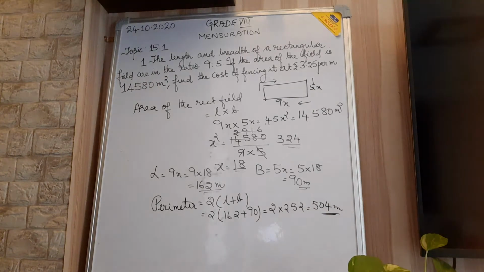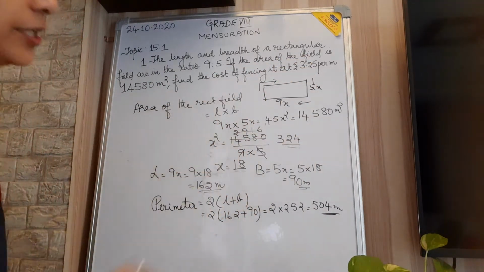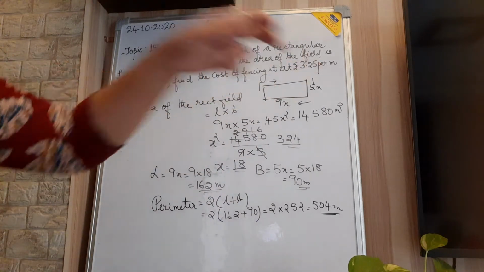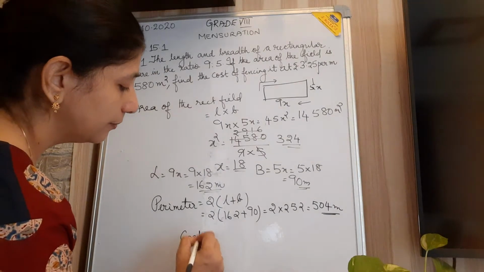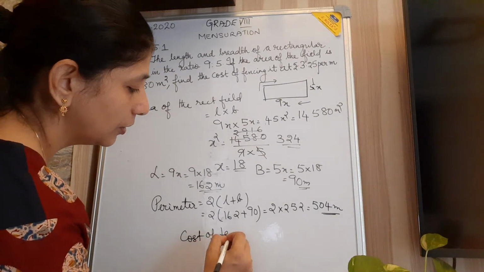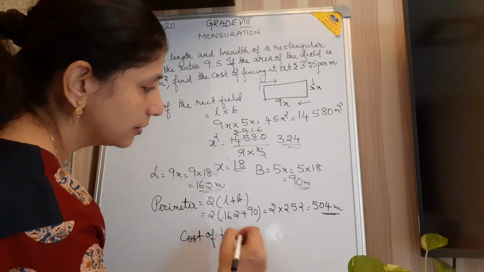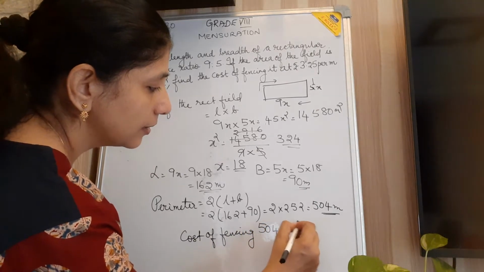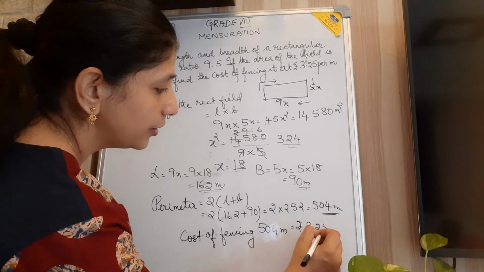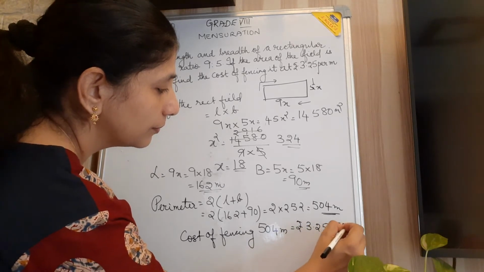Now, what cost of fencing you had to find out. The whole perimeter you came to know, and per meter it is 3.25 rupees. So for cost of fencing, how many meters you had to fence? 504 meter, so it is rupees 3.25 into 504.